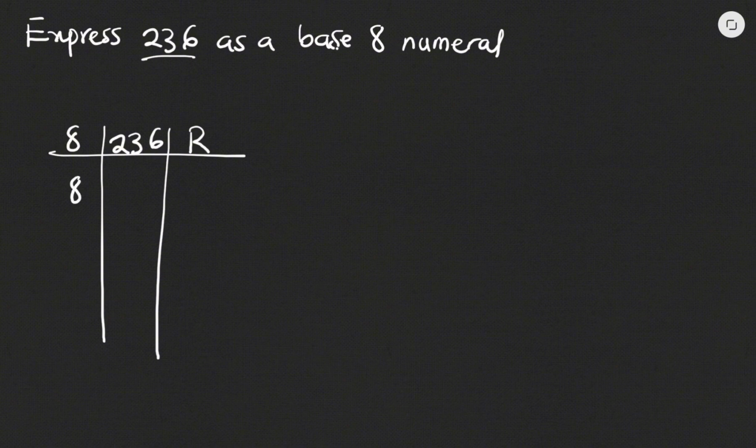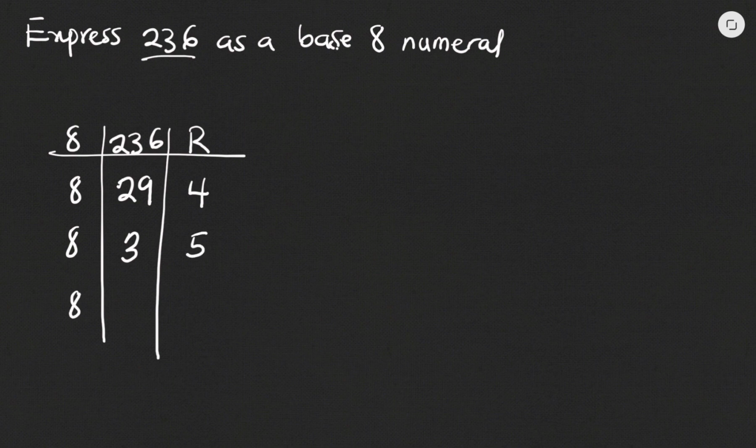So I ask myself, how many times can 8 go into 236? It will go there 29 times, which is equivalent to 232. So the remainder is 4. So I repeat the process again. How many times will 8 go into 29? It will go there 3 times, which is 24, and so the remainder is 5.